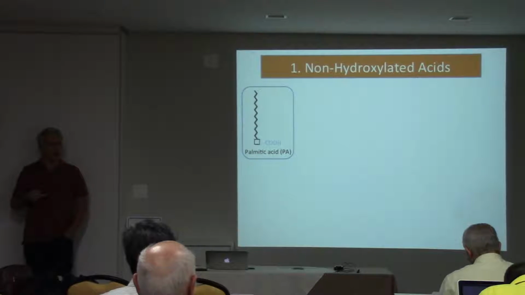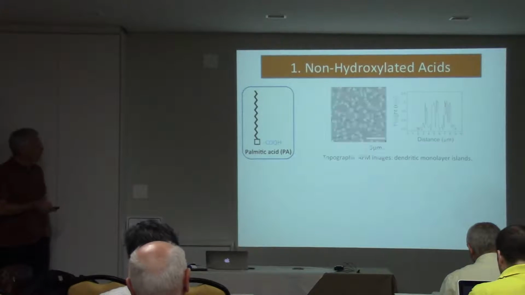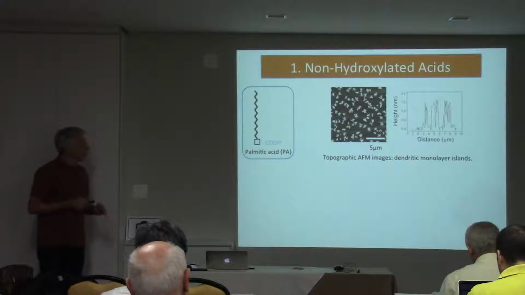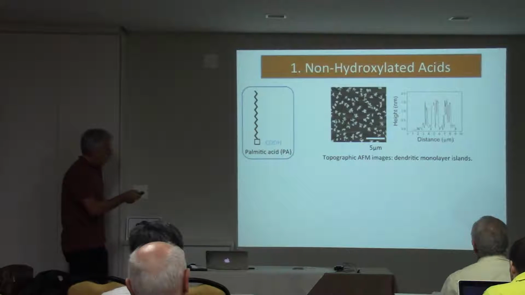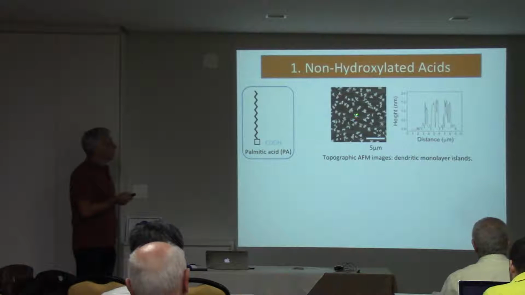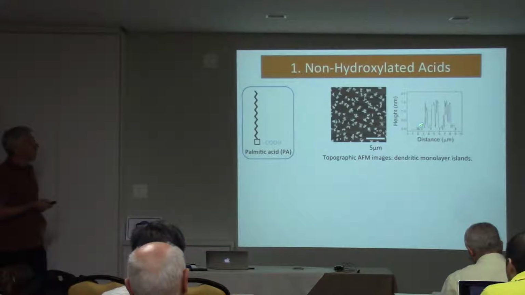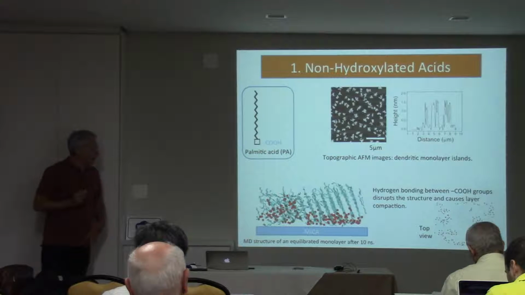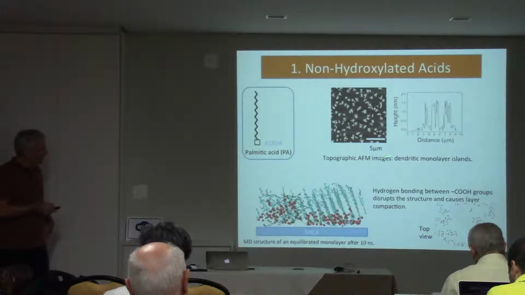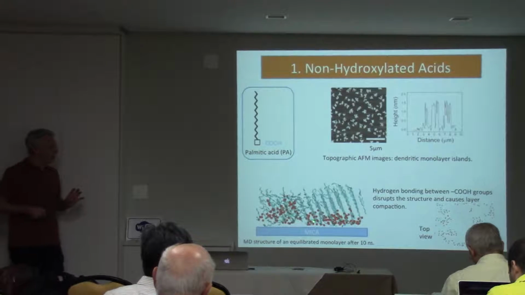Using the most simple monomer, which doesn't have the hydroxy group, the palmitic acid, when we look at the AFM images, we find different dendritic islands, which have a very low height, basically around 15 angstroms, or even smaller.